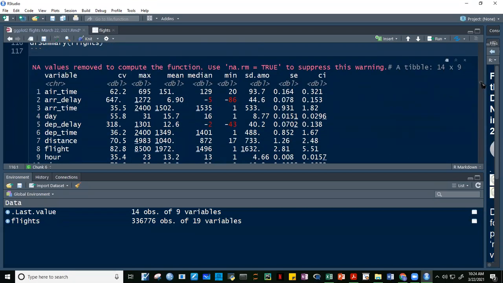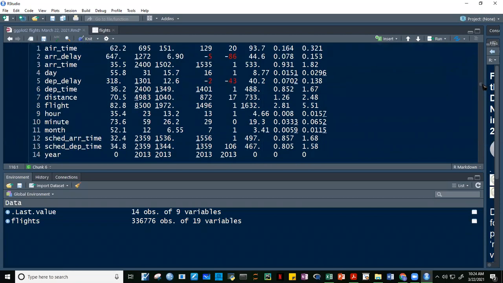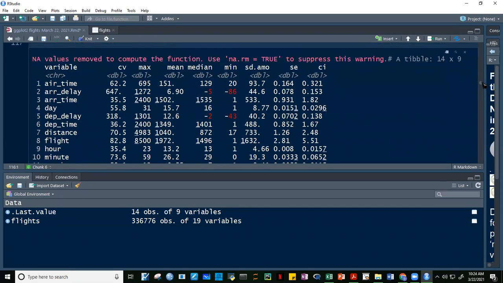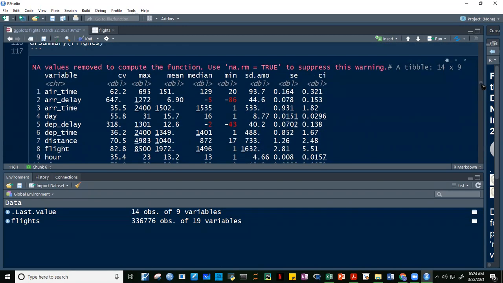All right. So ito, guys, yung descriptive statistics na binigay ni Metan. You have here a table, 14 by 9. Ang ginawa dito, tinanggal niya raw yung mga NA values, no?